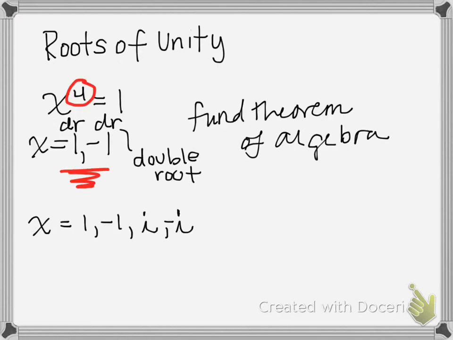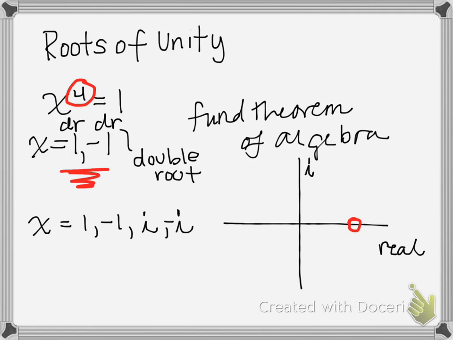Let's go back to this equation here. When I had x to the fourth equals 1, a way of thinking about it is that once I got 1 root, the other roots on the real, imaginary, complex plane are going to be evenly spaced around the plane.